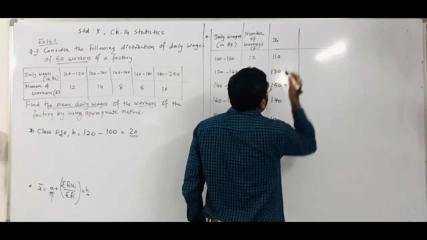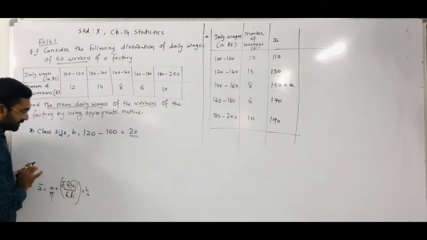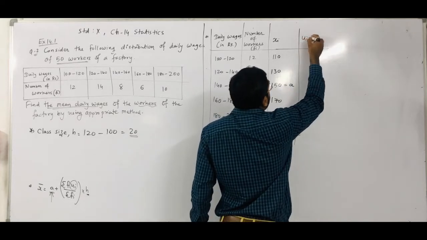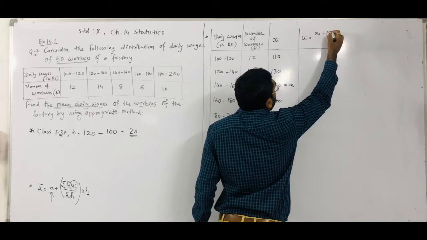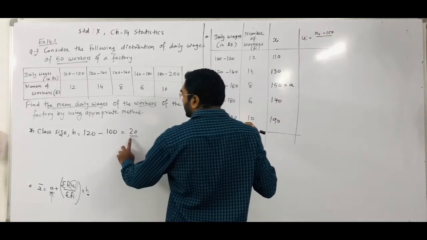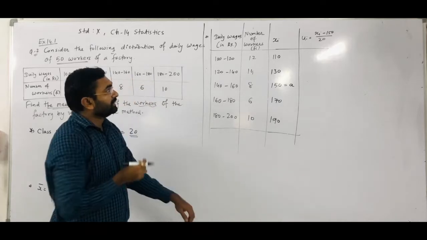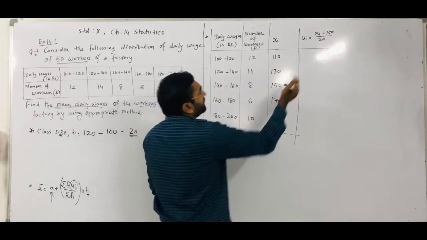Now after assuming a, we require the ui value. So what is the ui value? ui represents xi minus a, divided by h. A means 150, h means 20. Now for finding each and every class's ui value, one by one we take the xi value.